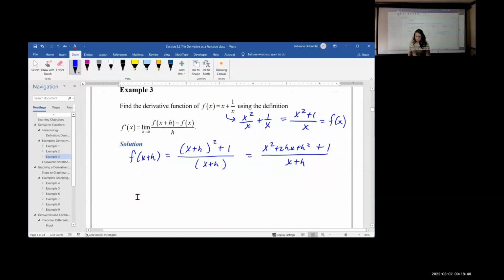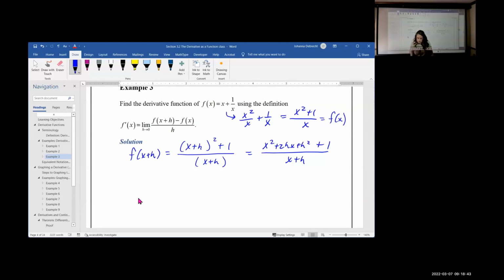So now the next thing we want to do is plug this into the difference quotient to get the derivative function, which is the limit as h goes to 0 of f of x plus h, which is x squared plus 2hx plus h squared plus 1 all over x plus h, minus f of x, which is this up here, right here.